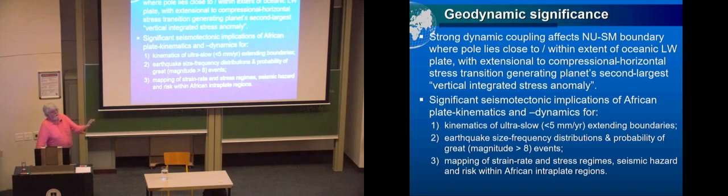Magnitude 8 earthquakes, like New Madrid in the eastern US, have occurred in a completely intraplate environment, and they could occur in Africa in the same way. So using modern technology to map the stress regimes and the strain rates, and using those to estimate hazard and risk, remains the objective of this kind of work.